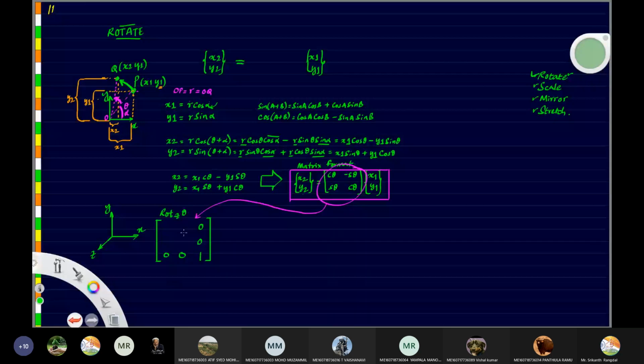So c theta, minus s theta, s theta, c theta. Okay, so this is the matrix for rotation about z-axis. So this is the axis about which we are rotating. Okay, and positive angle. What is the positive angle? Positive direction of rotation is given by the thumb rule.